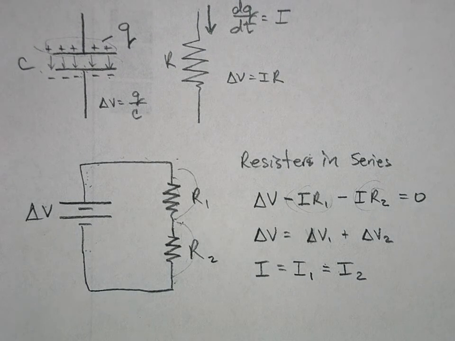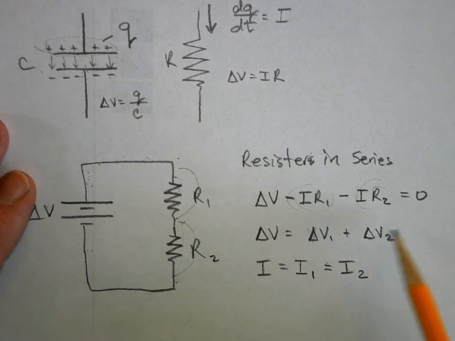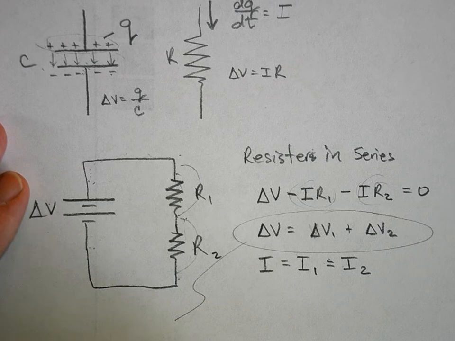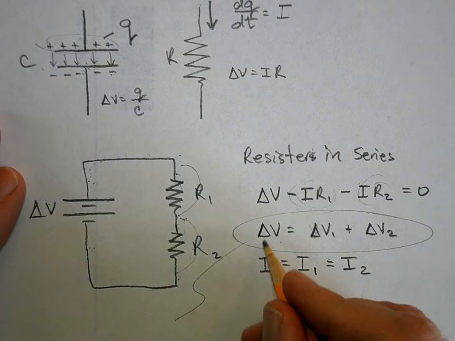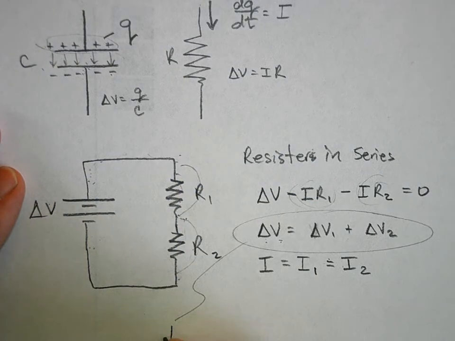Now I can use these ideas to come up with the resistance of the total circuit. What's the equivalent resistance of these 2 resistors? Well, the total voltage for the whole circuit is equal to the current times the total resistance for the circuit, or the equivalent resistance.